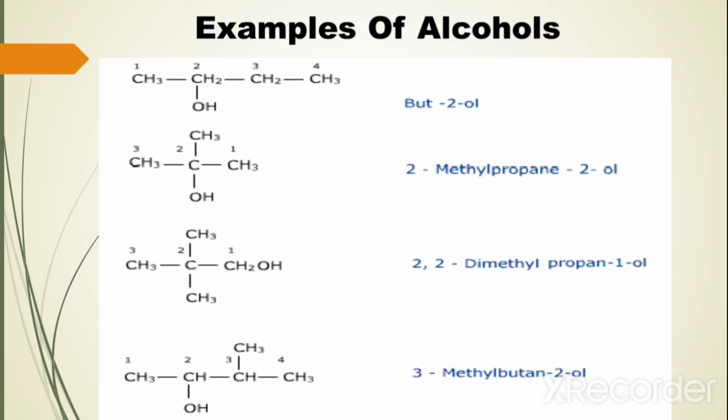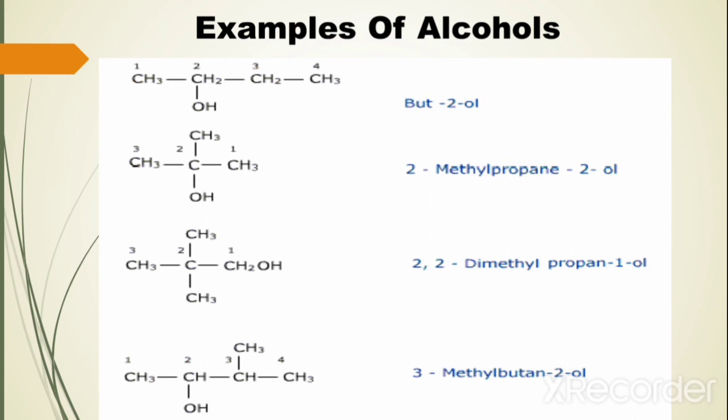Okay, the other example is a 4 carbon compound, but they will form a 3 carbon chain, which is the longest chain, and on the second carbon position there are 2 groups attached. One is the hydroxyl group that we will add to the parent name, and the other is the substituent, a methyl group, so we will name it as 2-methylpropan-2-ol.